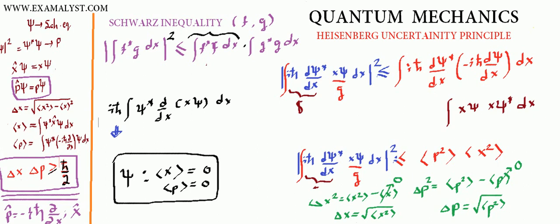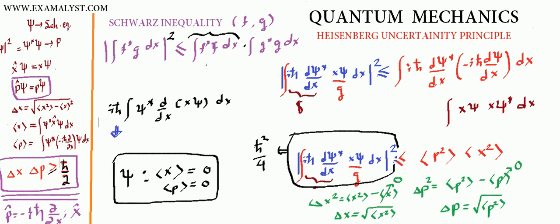Now, if somehow we can prove this particular term as h cross square by 4, okay, so if we can prove this term as, yeah, so this is actually the expectation value of p square, and yeah, correct.